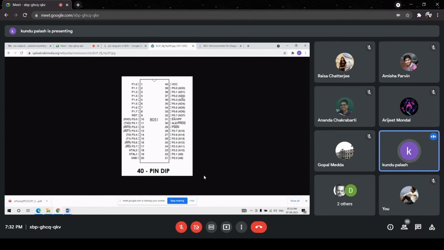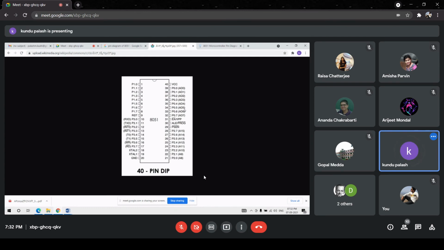So the 16 address lines are available to access the 64 kilobyte external address space. At the same time, in another machine cycle or time cycle, this lower order address byte can be configured as a data access, designated as D0 to D7.